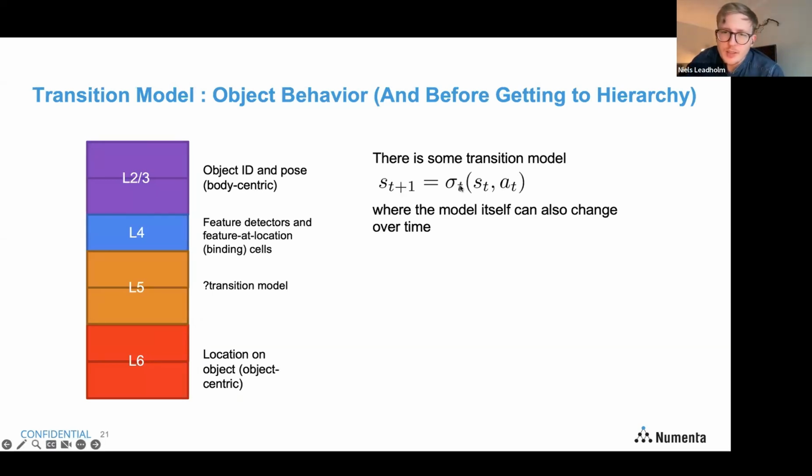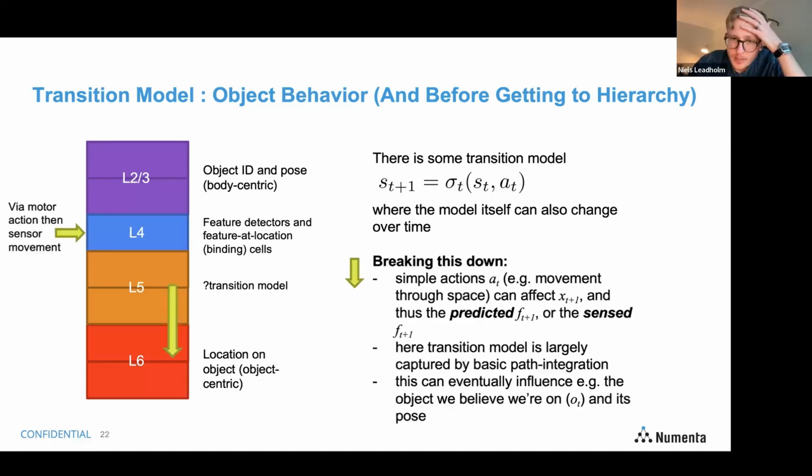And this transition model itself is also subject to change. It isn't totally fixed. So, going through some examples, the simplest action would be a movement through space, which would affect xt plus 1. This could be via a direct connection, and this could just be hypothetical, like a predicted location and then a predicted sensation.